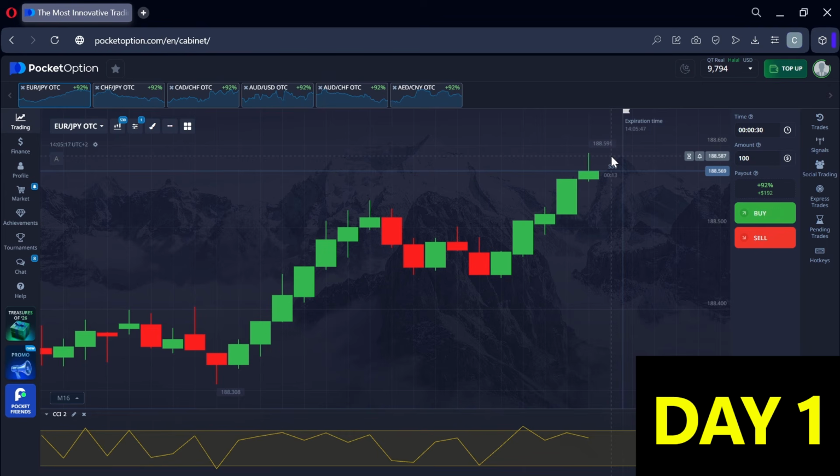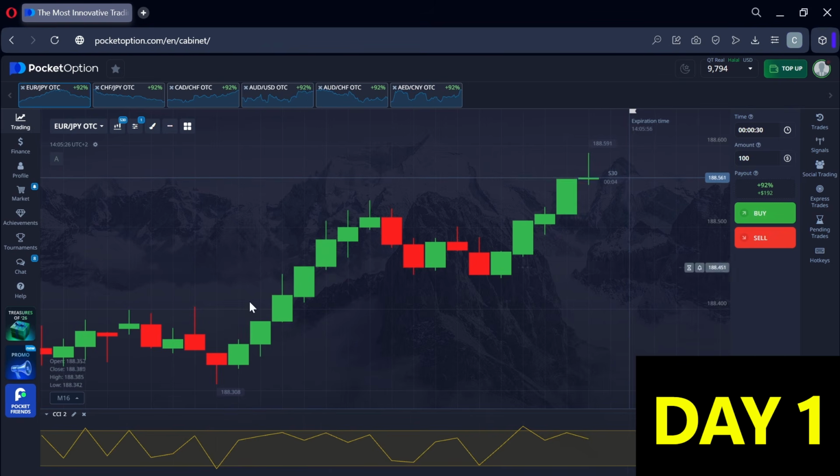We're only breaking down how quick trading works on Pocket Option, and we're doing it and keeping it as real as possible so that you can see the authenticity behind all this content, pretty much documenting this whole process to see if these YouTube strategies are actually worth it or not.